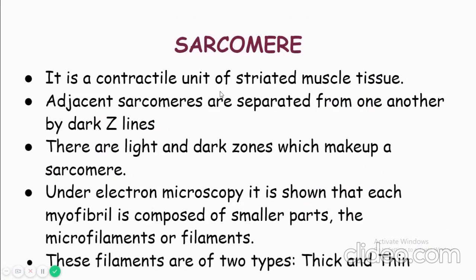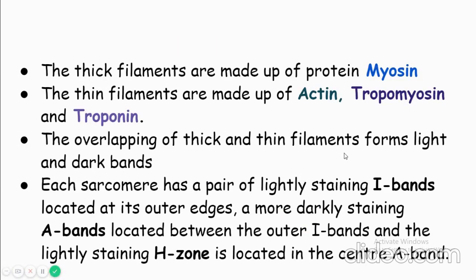Adjacent sarcomeres are separated from one another by dark Z lines. There are light and dark zones which make up a sarcomere. Under electron microscopy, each myofibril is composed of smaller parts, the microfilaments or filaments. These filaments are of two types, the thick filaments and the thin filaments.